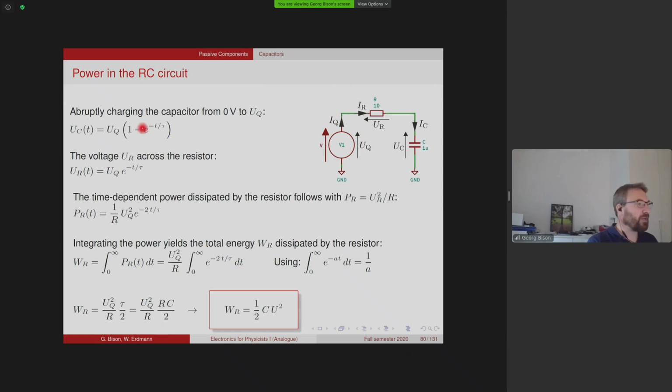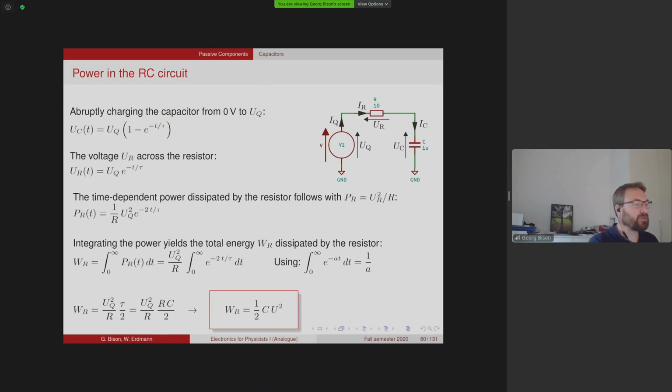And then, of course, we get the time behavior we have seen already. Now, this is the voltage of our source. And then you see, okay, the 1 here is the full source voltage, and in the beginning, there is a term that we subtract from this source voltage.